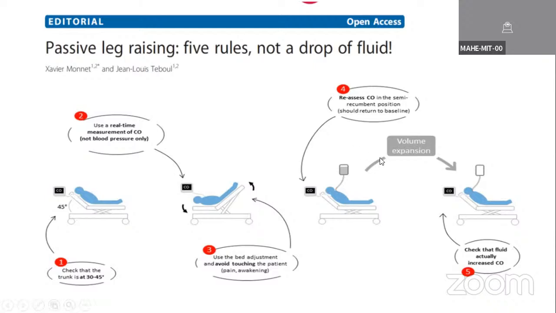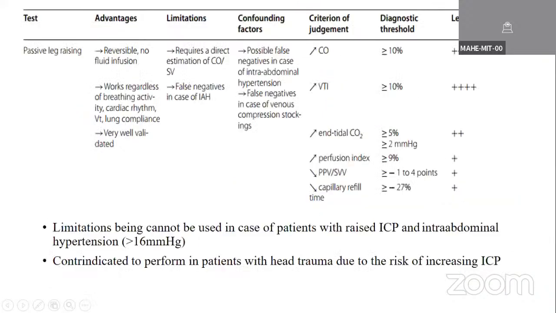When you get the patient back to the semi-recumbent position, the increase you have observed will automatically come back to the baseline. This predicts the fluid responsiveness of the patient. Then you can give fluid expansion and see if the patient can tolerate more fluids.